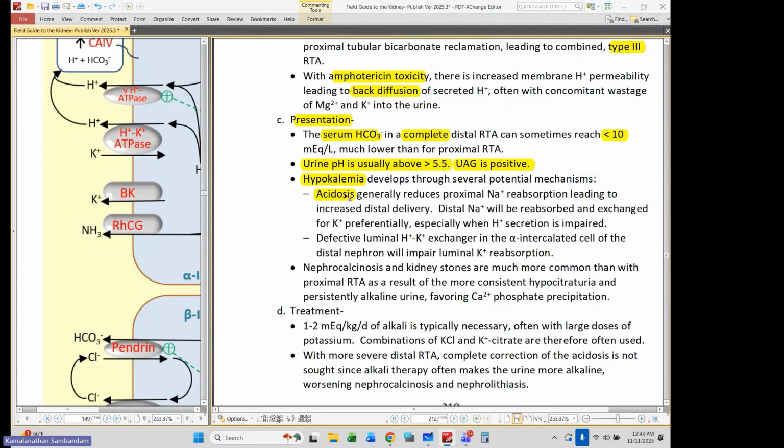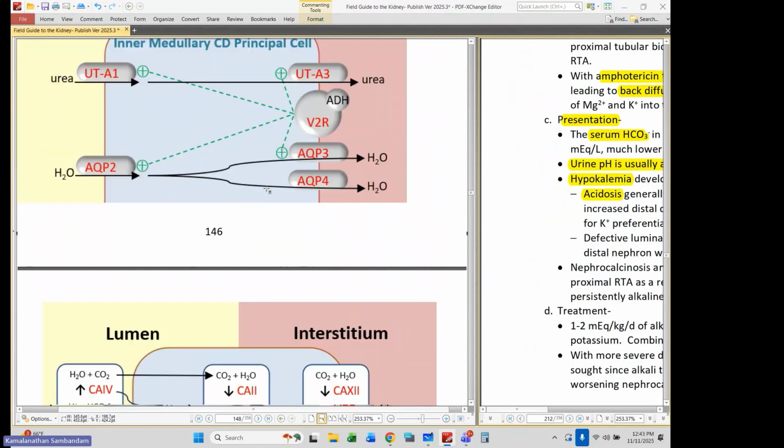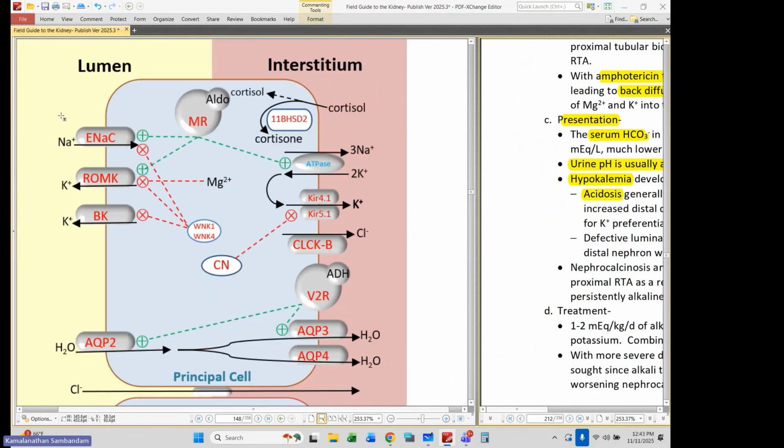It relies on this rationale that if I have a problem with cation secretion, okay, this is fairly intuitive, right? I'm reabsorbing some amount of sodium in the distal nephron. I'm generating a lumen negative potential difference.